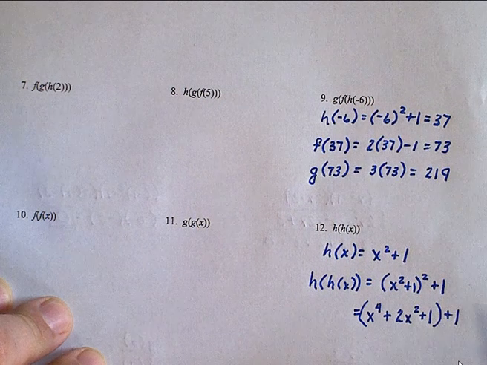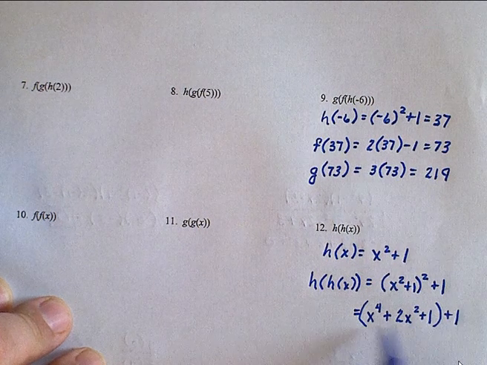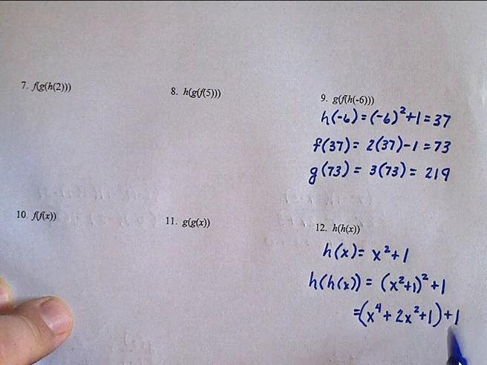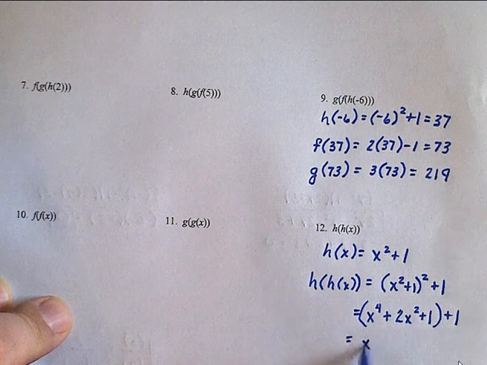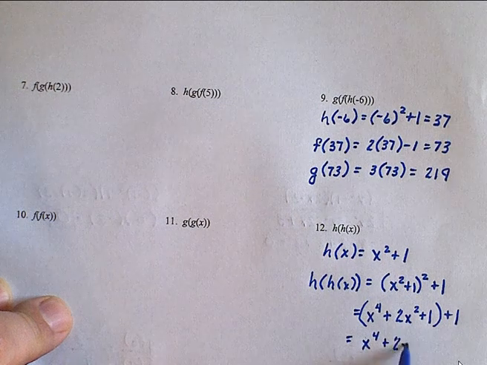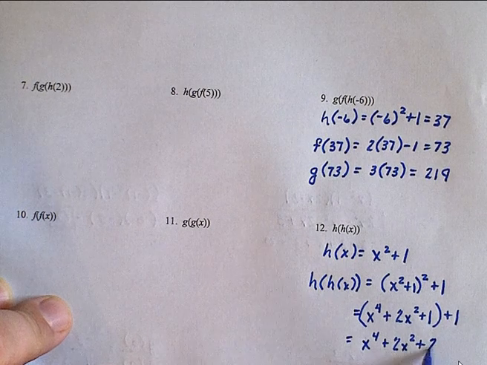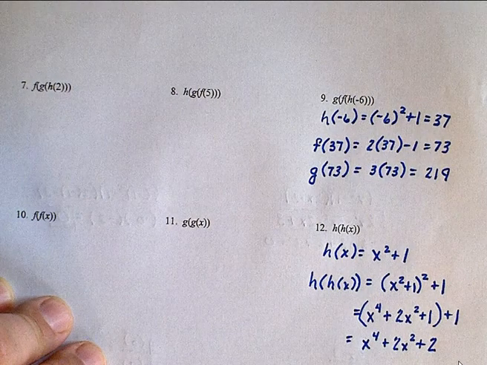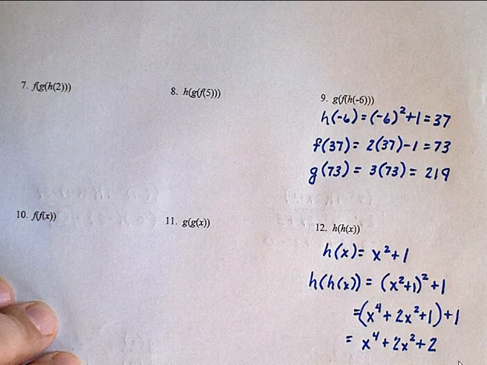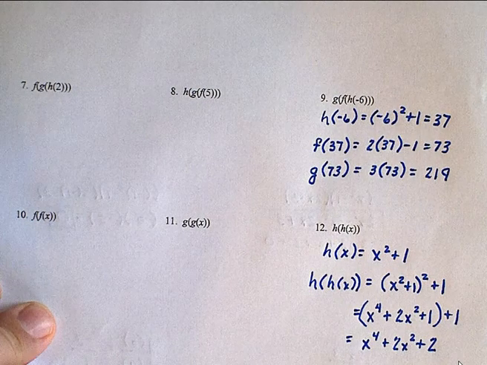Okay, so x squared plus 1 squared, when you FOIL that out, you get this. Now, combine the like terms, and you get x to the 4th plus 2x to the 2nd plus 2. There's your final answer.